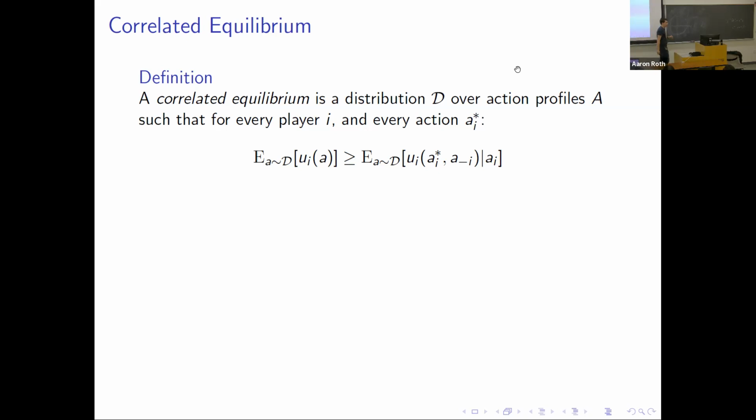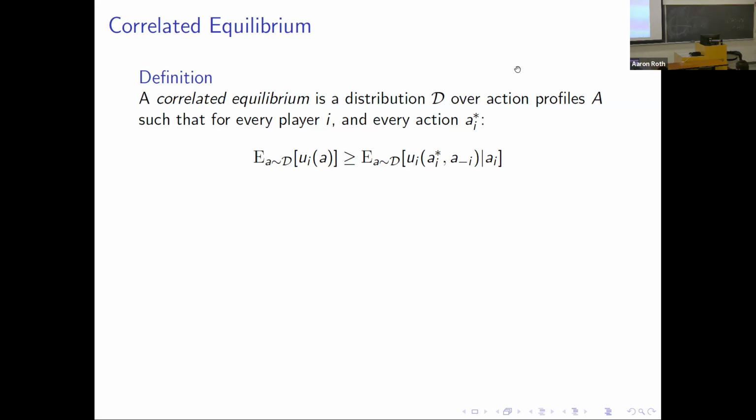So more generally, we can think of a correlating device as corresponding to a distribution over action profiles, one for each player. The traffic light is a distribution over two action profiles, go-stop and stop-go. Whenever it suggests go to me, it suggests stop to my opponent and vice versa.